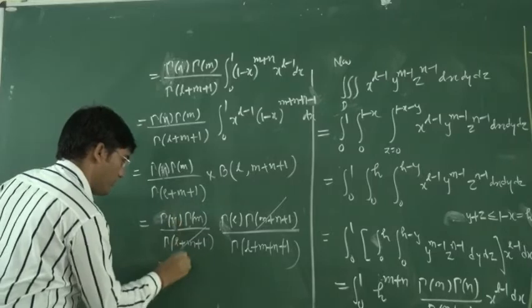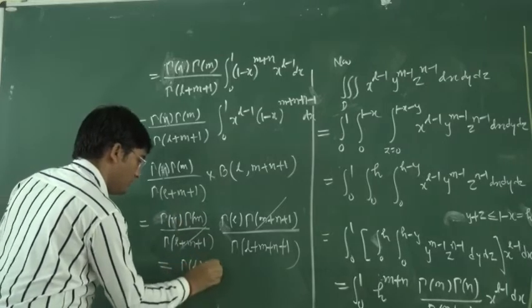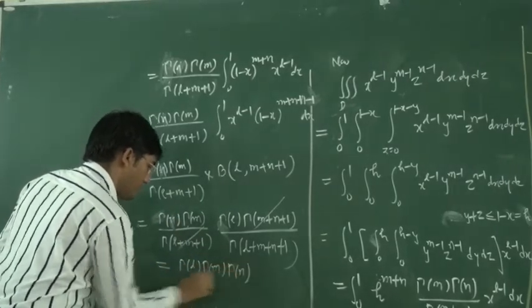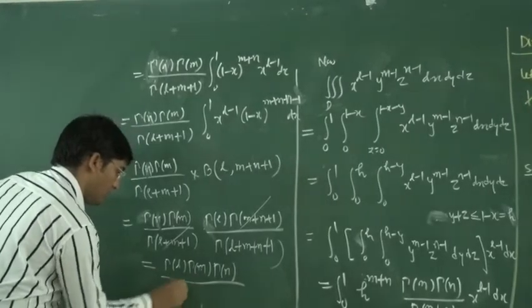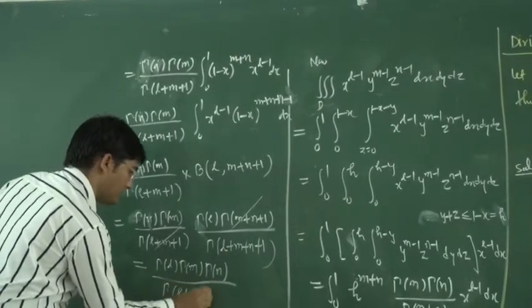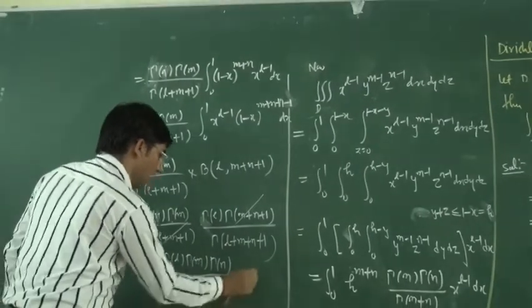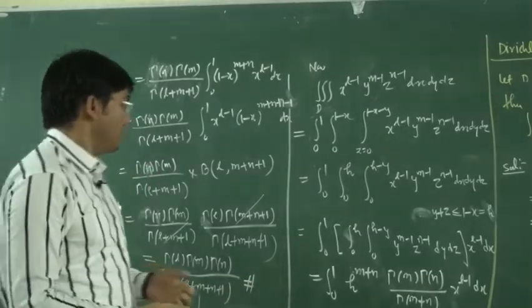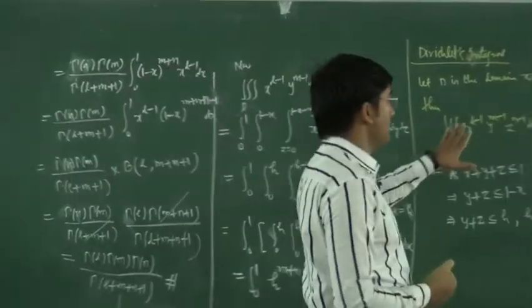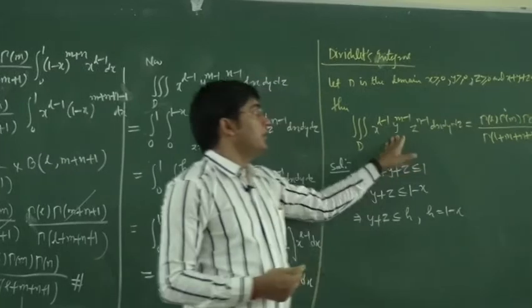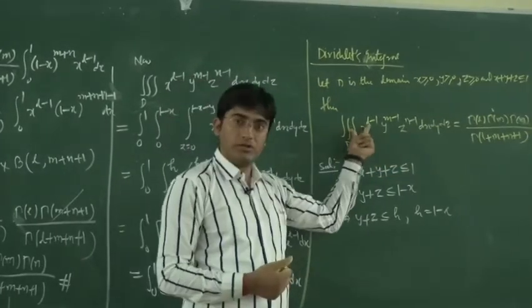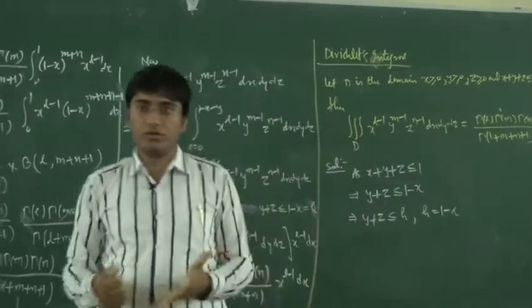So this is equal to gamma l into gamma m into gamma n divided by gamma l plus m plus n plus 1. So this is the value of this triple integral, and this triple integral is known as the Dirichlet integral.